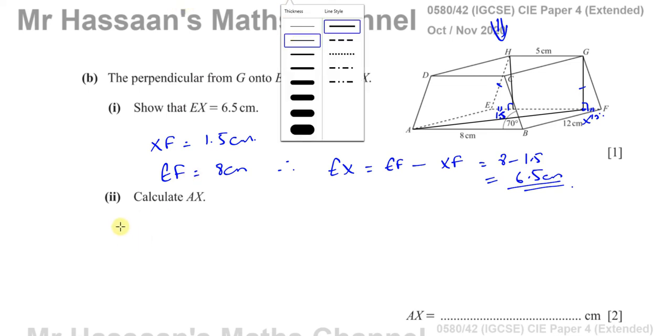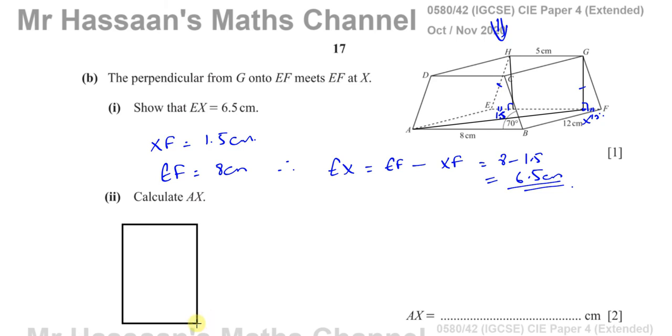You would have E on this corner, F on this corner, A on this corner, and B on this corner. And then you have the point X, which we just marked. We know that EX is 6.5. We also know that this length AE is 12, and we want to find the length AX, which is from here to there.